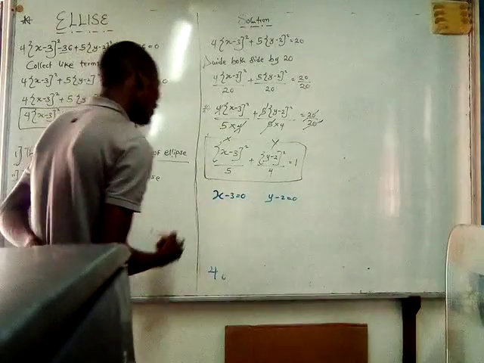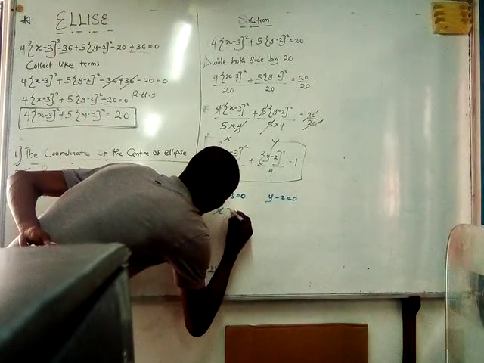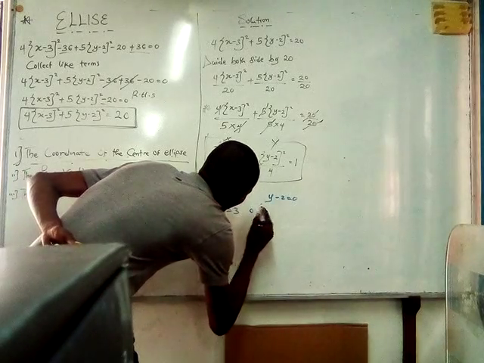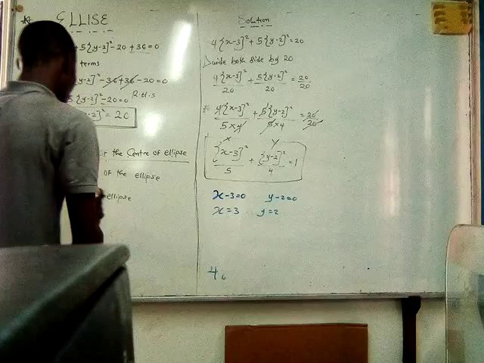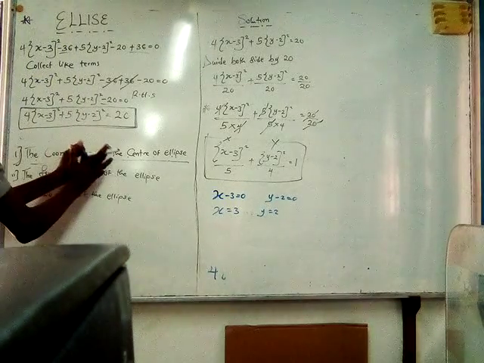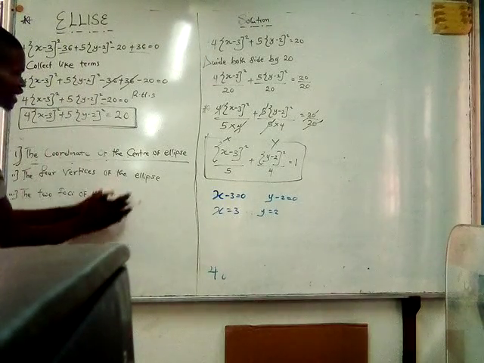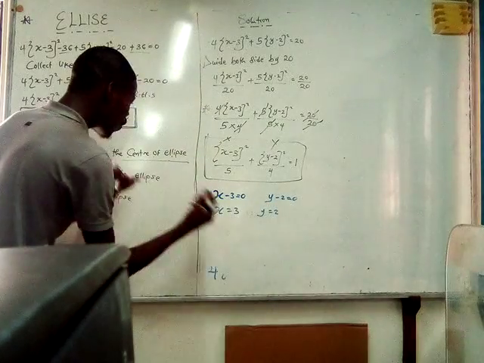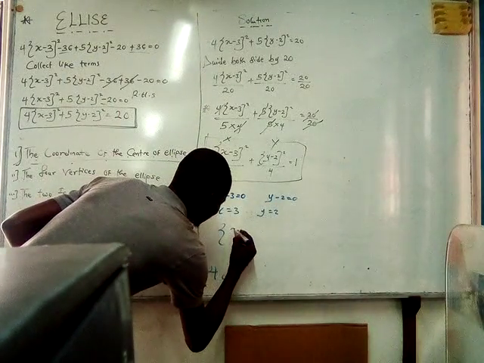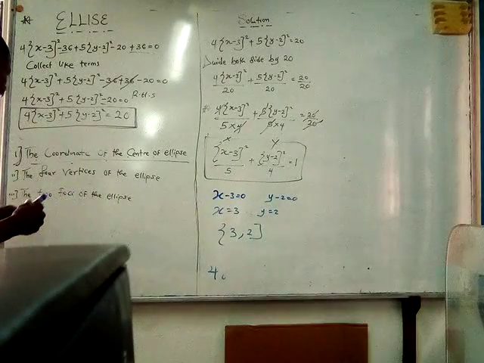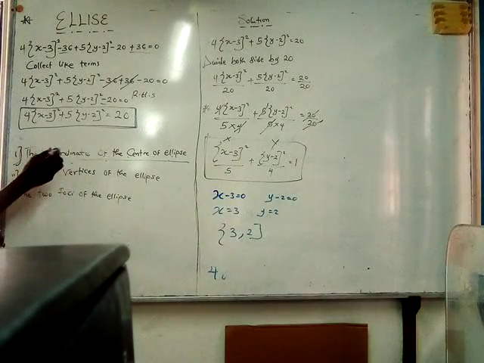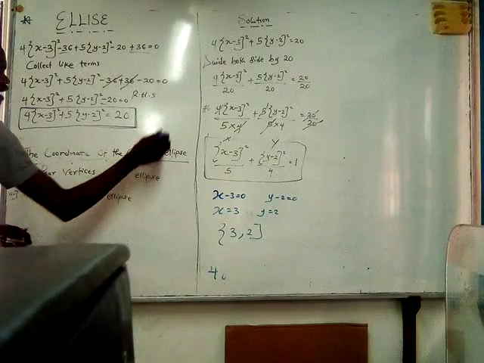So you are going to have x equals to 3, then y equals to 2. So the coordinate of the center of this ellipse is 3 and 2. That is our answer for the coordinate of the center of the ellipse.